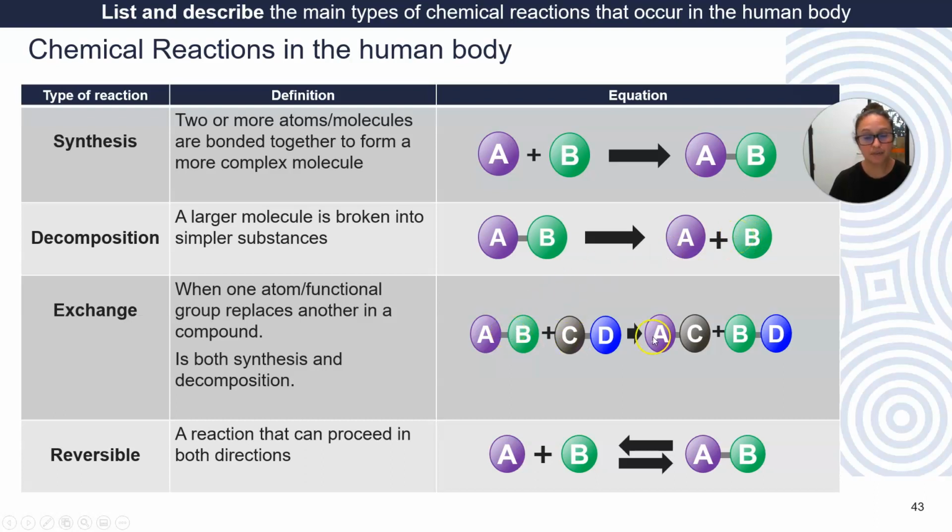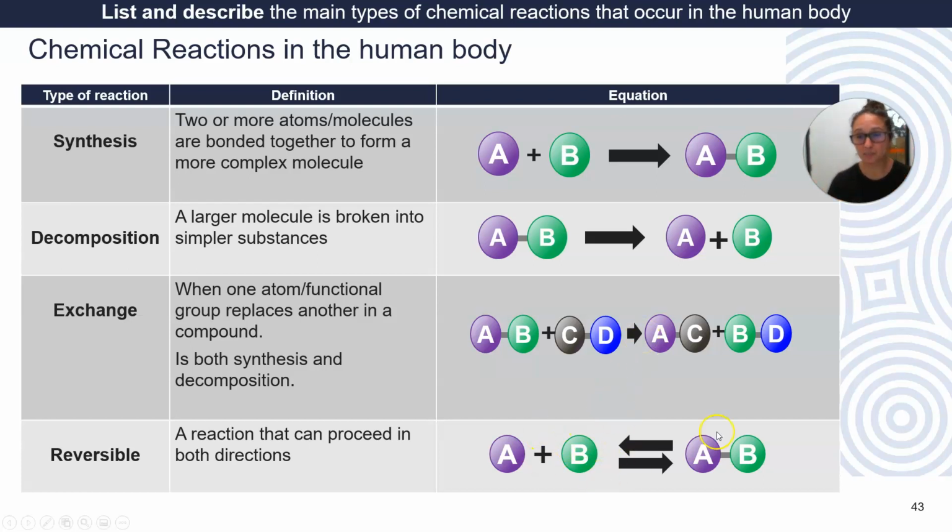Another thing that could happen is you're just moving atoms around. In this instance, you've got A and B bonded together and C and D bonded together, and a chemical reaction happens and then you swap them around, okay? Nothing is lost, so no atoms are lost, no atoms are gained. All you're doing is sticking them together and pulling them apart.